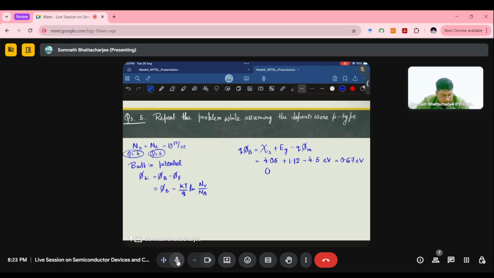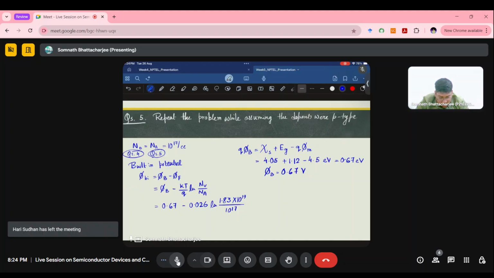Now we can write it as 0.67 volts and put it directly here. So 0.67 volts minus 0.026, as in the last case, times ln of 10 to the power 19 divided by 10 to the power 17. Let's calculate it again.